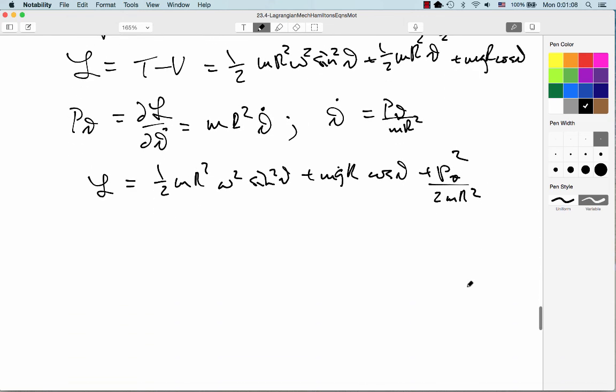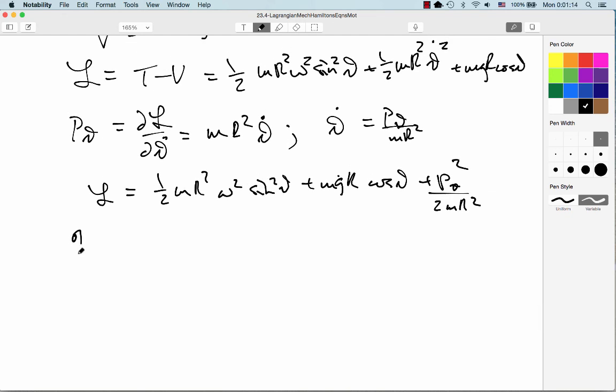All right, cool. So now we have to do the Hamiltonian right. So if we do the Hamiltonian right, that is going to be p theta theta dot minus L. So from the theta dot we had before, that's going to be p theta squared over m r squared.